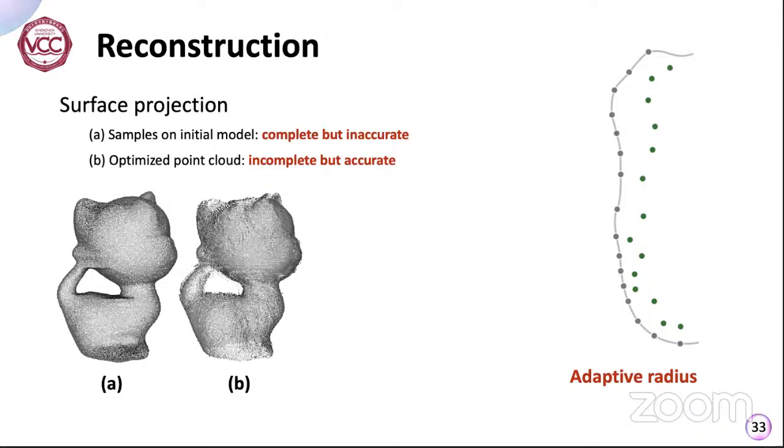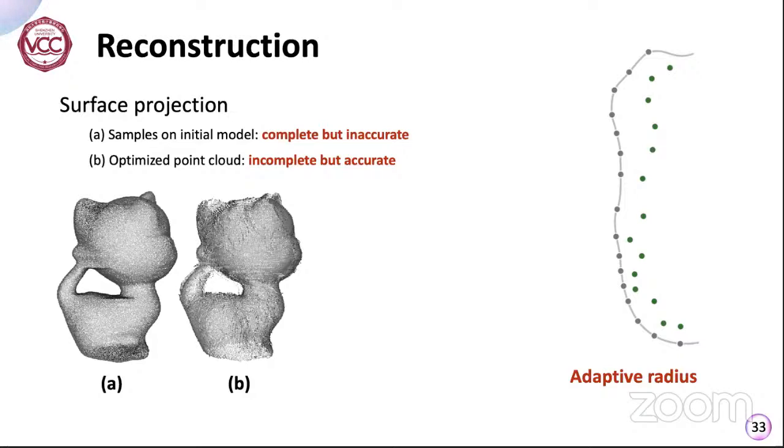As you can see, after optimization of the previous step, the concave region on the surface is better captured by the optimized point cloud, marked green here, compared with the samples marked as gray points. Instead, this convex region could be well estimated by both point sets.